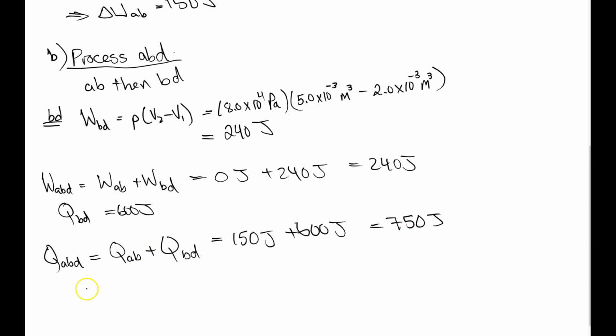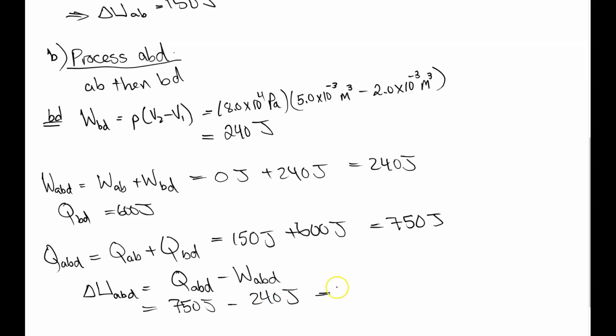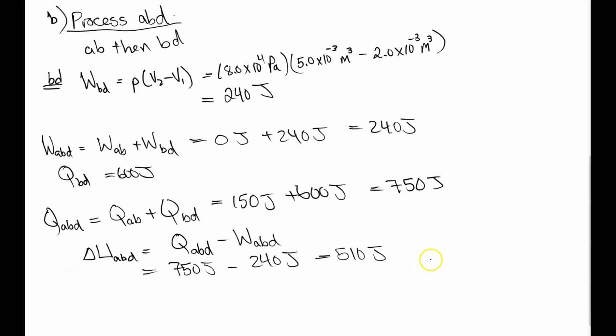Now we can say that the change in internal energy for the process ABD is going to be QABD minus work ABD, which equals 750 joules minus 240 joules, or 510 joules.